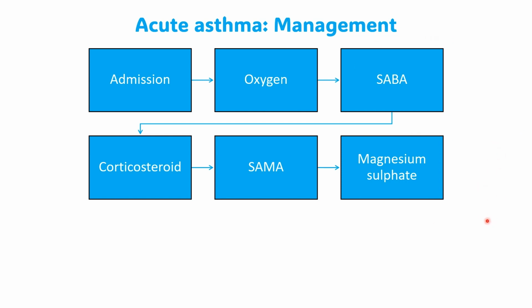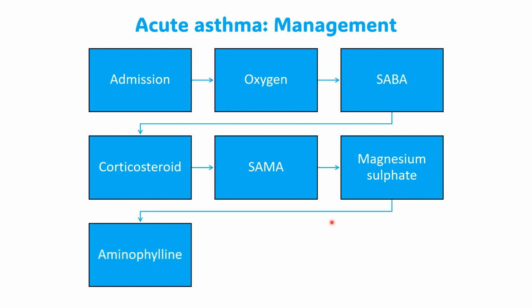And we also have another drug here called aminophylline, which is a phosphodiesterase inhibitor. It's also an adenosine receptor antagonist, particularly of A2B adenosine receptors. Essentially, this prevents histamine and leukotriene release.